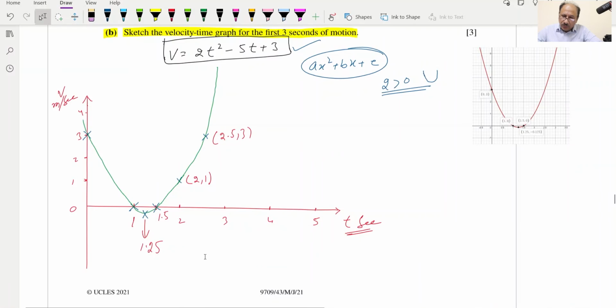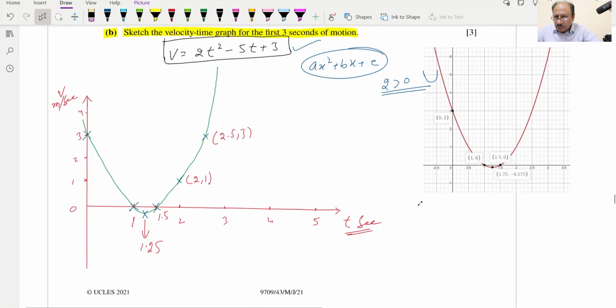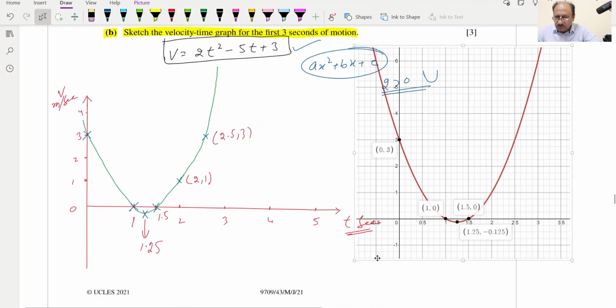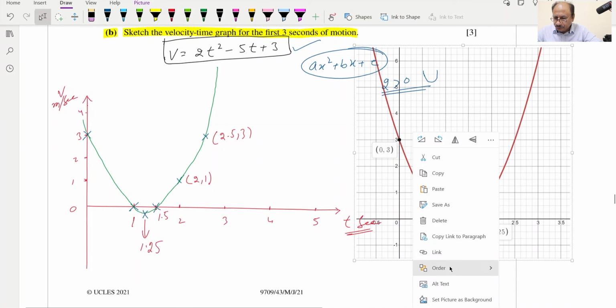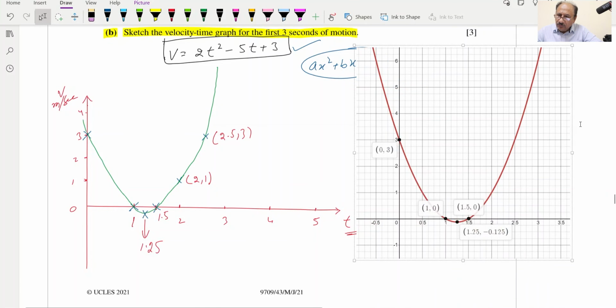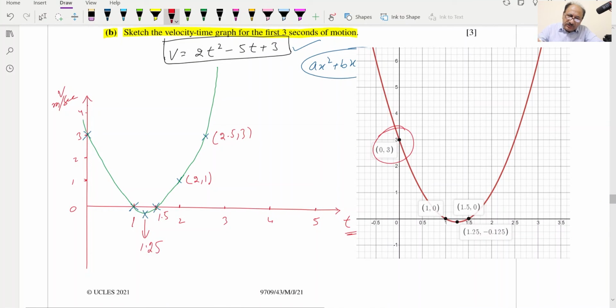Let us move back. Now this is the curve which I have copied, the same curve, and if we understand this curve, this is the y-intercept, and this is 0 and 3, as you know, we got by replacing t equal to 0.